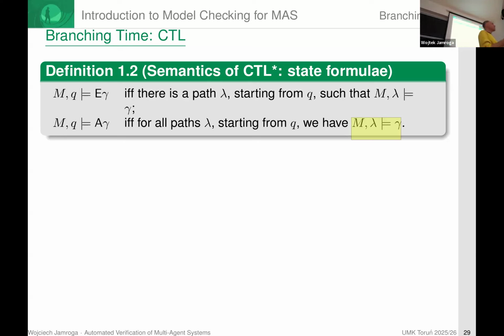So if you really want to do verification of an actual scenario, it is typically smart to stick to the less expressive variant, because for this limited set of properties you can design much better verification algorithms.